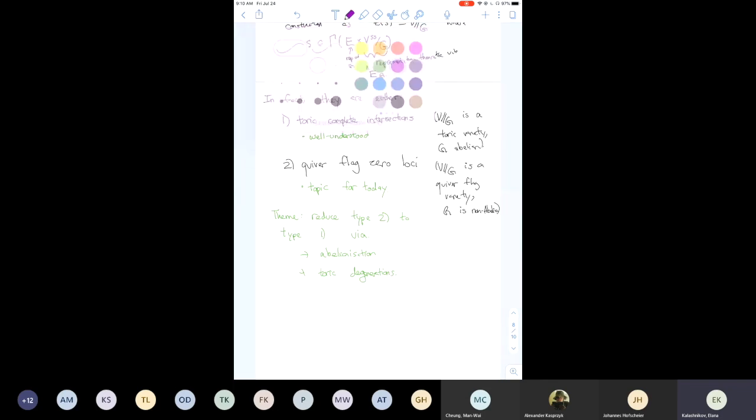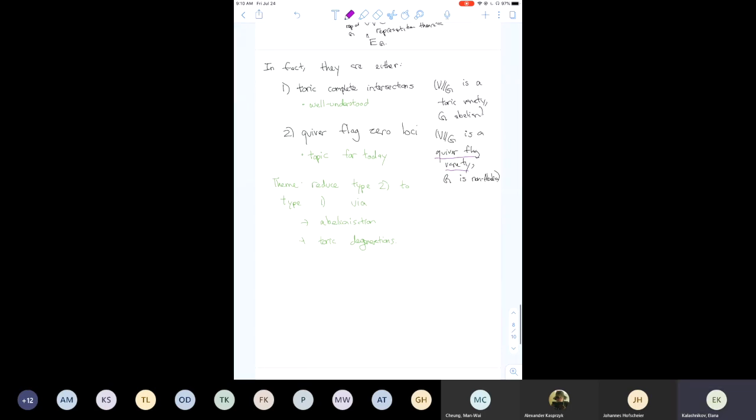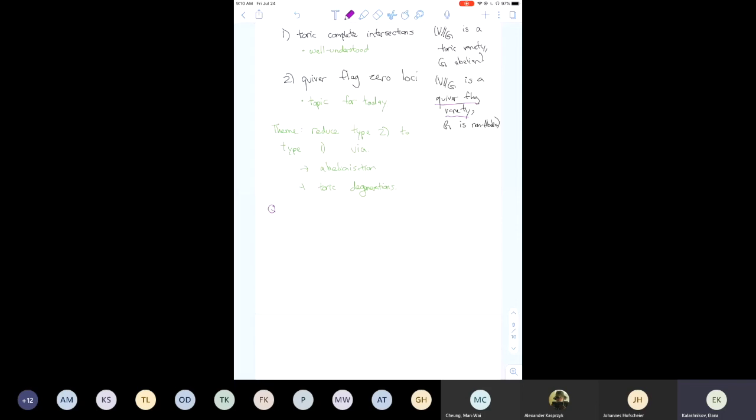Before I go on and tell you a bit more about the motivation, I just want to define what quiver flag varieties and quiver flag zero loci are, so you know what I'm talking about. Quiver flag varieties are constructed by taking a quiver Q, an acyclic quiver with a unique source.